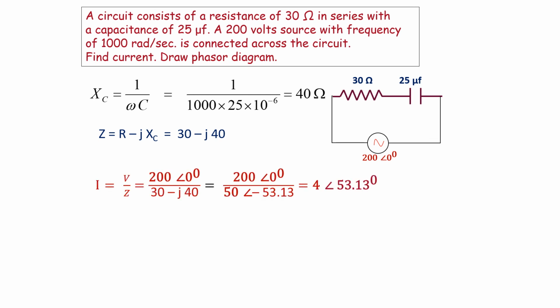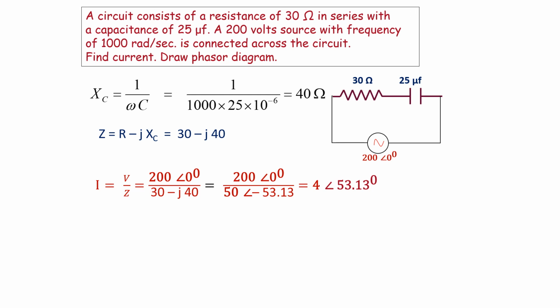The current will be written as V by Z. V is taken as the reference as 200 angle 0 degrees. Z is written 30 minus j40. This 30 minus j40 is in the rectangular form. This rectangular form will also be changed into the polar form.